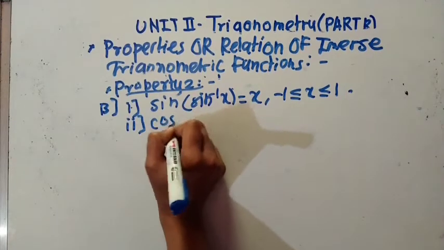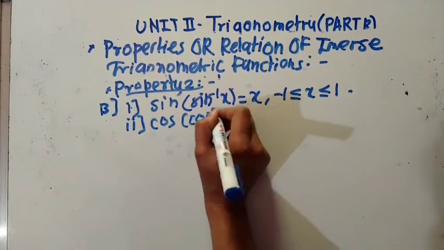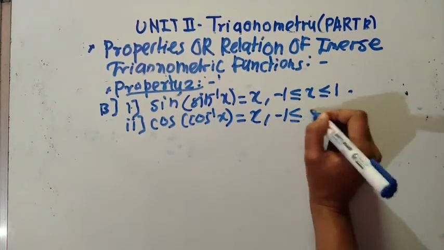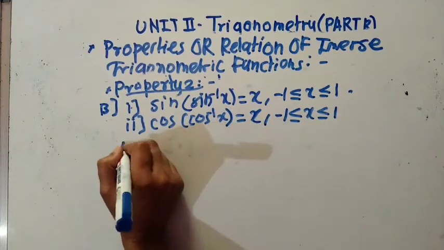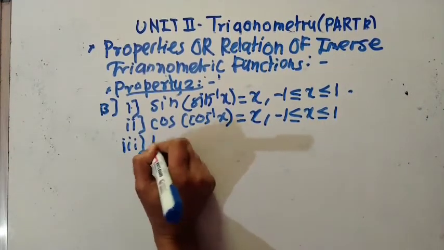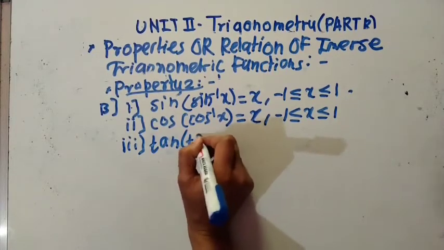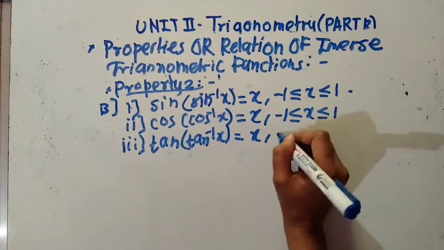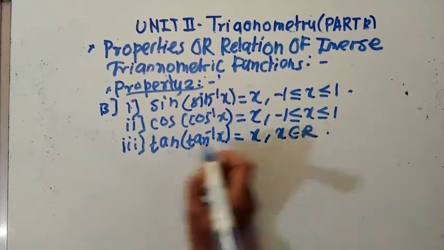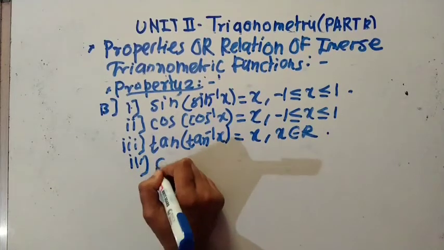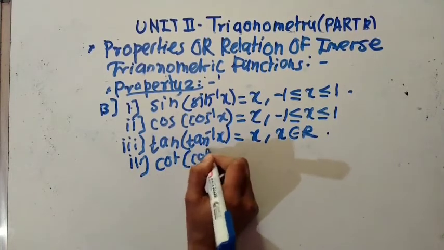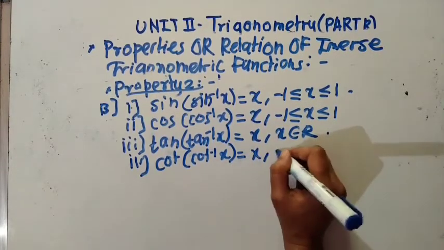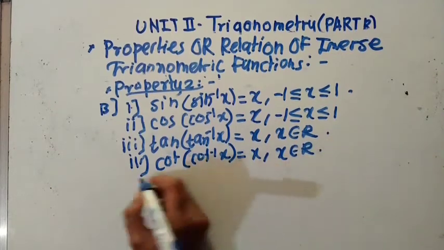And second, cos of cos inverse of x is equal to x, where minus 1 less than or equal to x less than or equal to 1. Then third property, tan of tan inverse of x is equal to x, where x belongs to R. Then cot of cot inverse of x is equal to x, where x belongs to R.